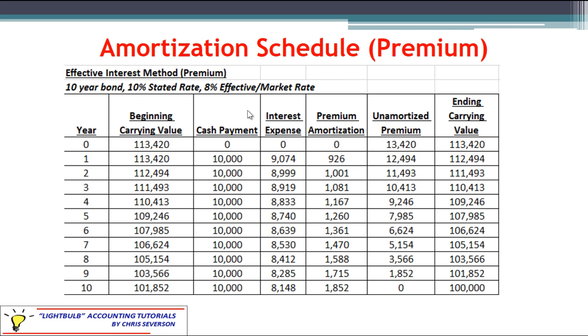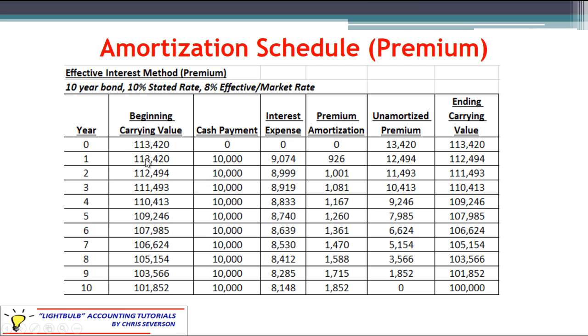Then on year one, we have that same beginning carrying value. Notice that we have a $10,000 cash payment, which does not change throughout the life of the bond. That's a 10% stated rate multiplied by the $100,000 face value of the bond. Now, the interest expense is what's different here.